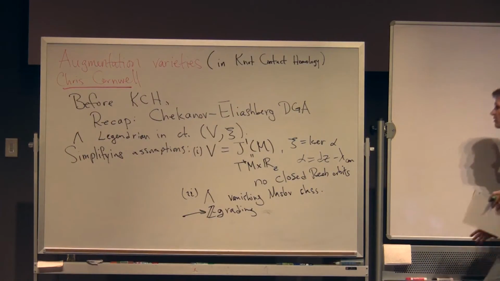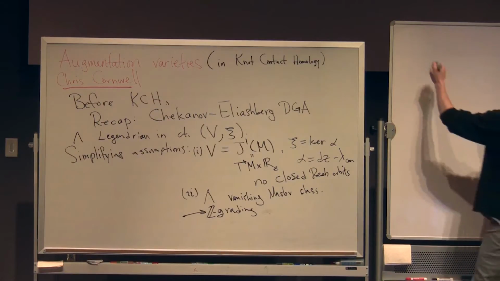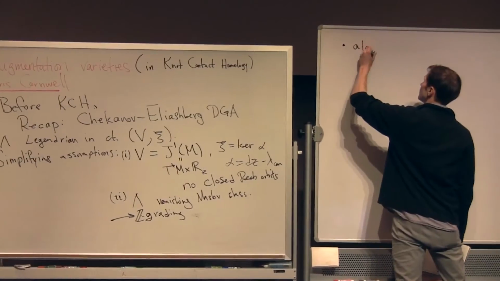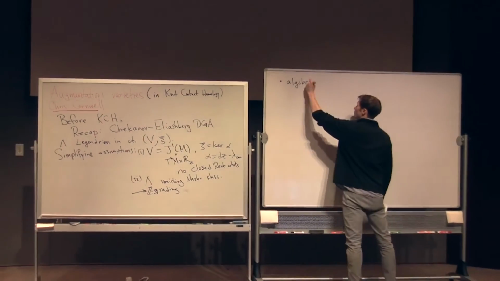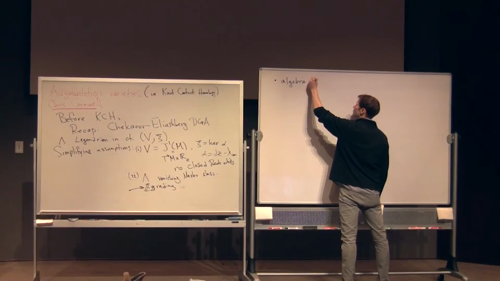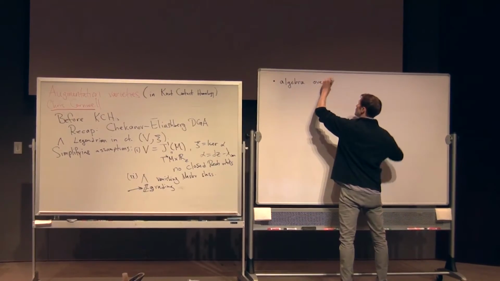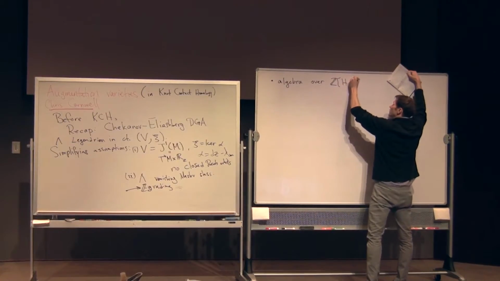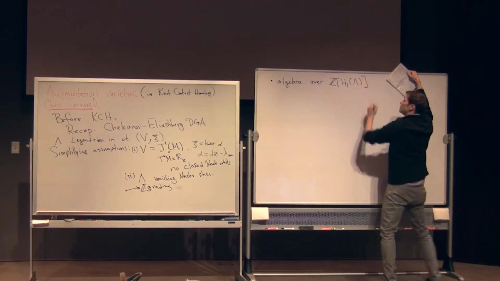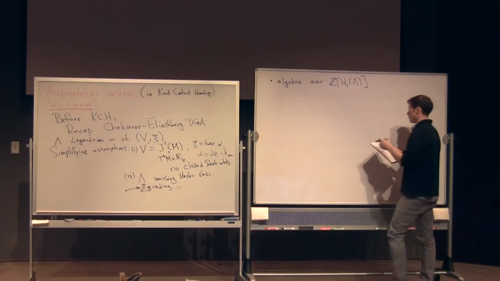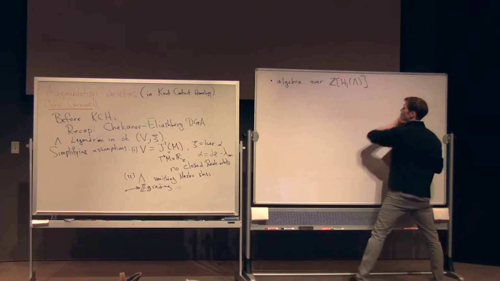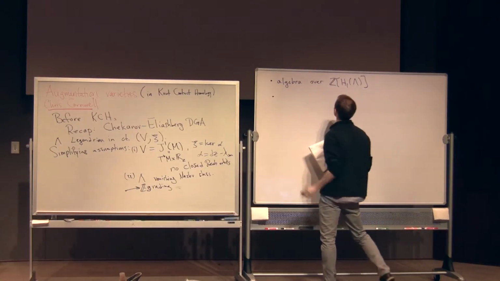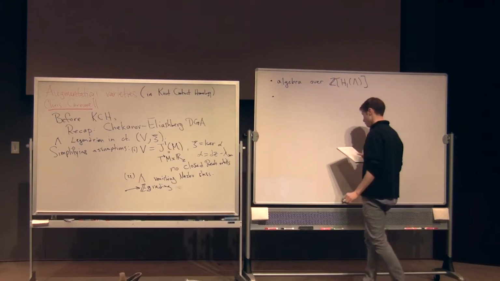Once I do that, I am going to define my algebra. It's going to be an algebra over the integral group ring of H1 of my Legendrian. There are some other versions that one could use over different rings, but we'll stick with this one.